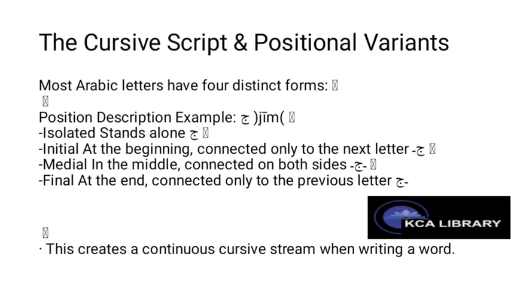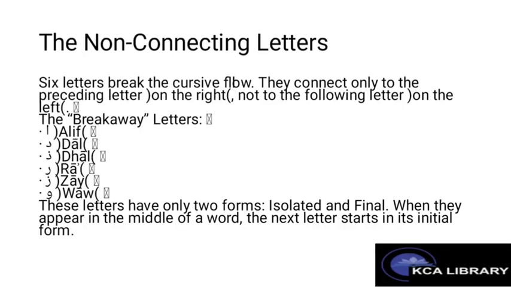We give an example of Jim in the slide. We have Jim when isolated, when it stands alone, how Jim is written at the beginning of a word, how Jim is written in the middle, and how Jim is written at the end of a word. This creates a continuous cursive stream when writing a word.